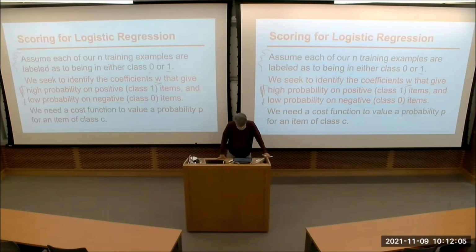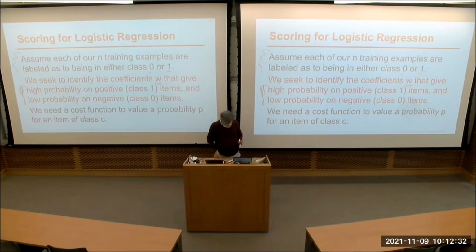And if you think back to how we formulated linear regression, we came up with an error function that was the sum of squares of the points. And we said, find the coefficients that minimize the sum of squares error.